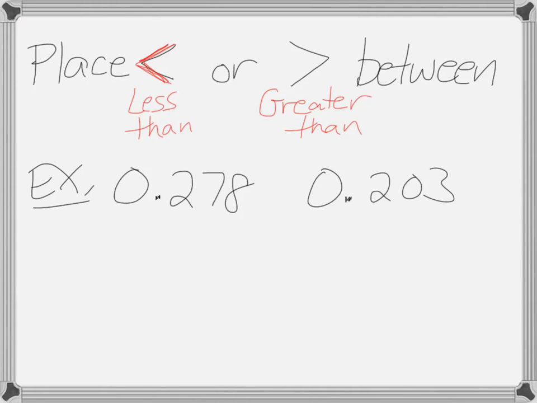So we want to put the appropriate symbol, less than or greater than. I'm looking at the first example here, 0.278 compared to 0.203. The number of digits after the decimal are the same, so we can just compare 278 to 203. And 278 is greater than 203.